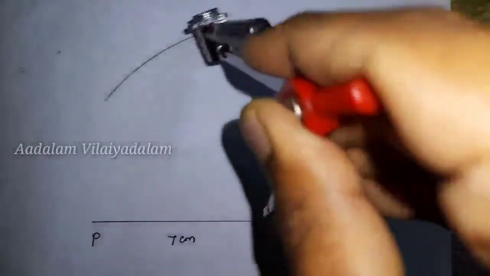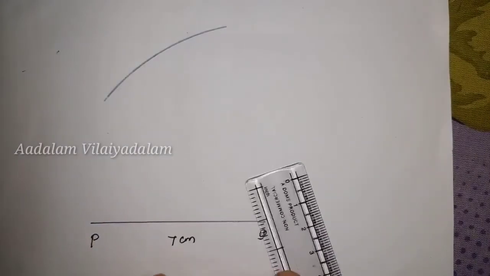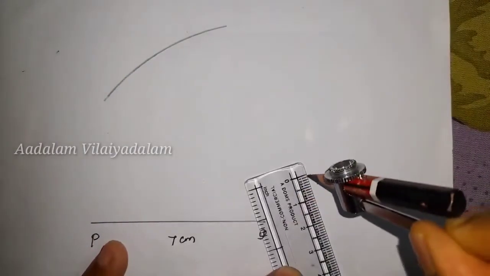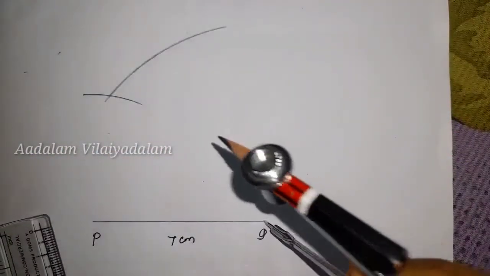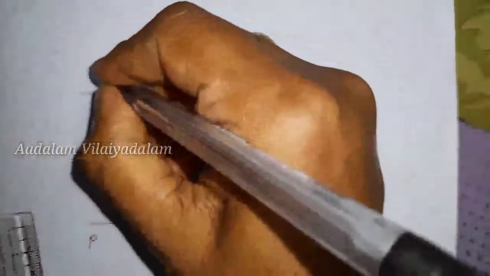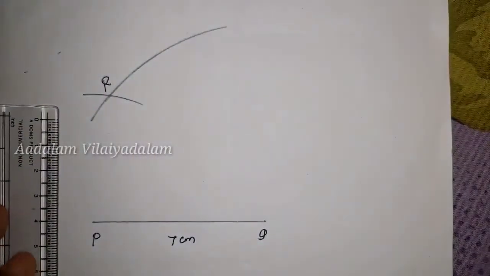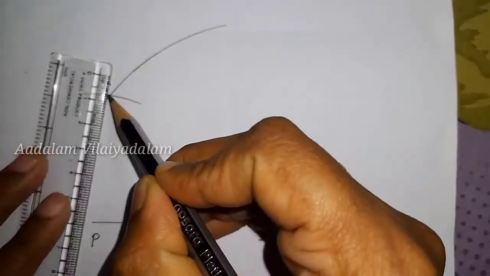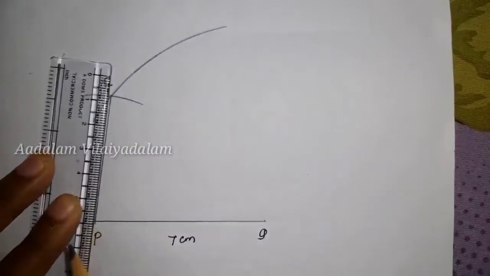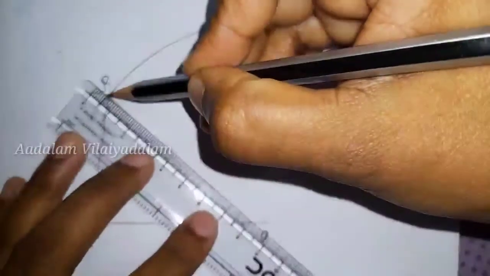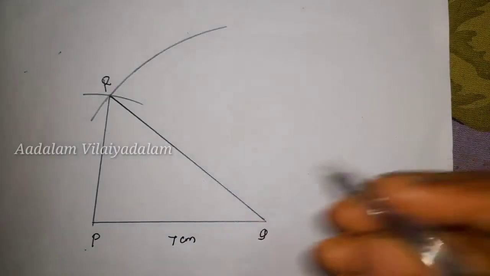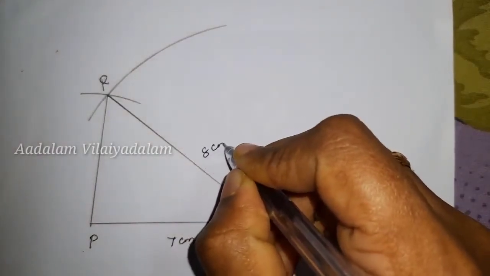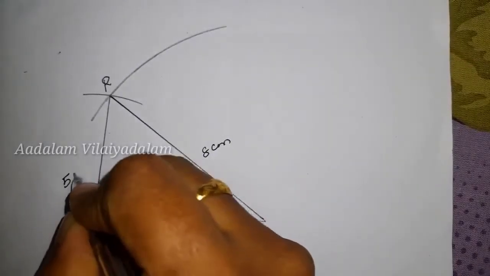To get the point R, now join RP and RQ. So this is the given triangle PQR, with QR 8 cm and PR 5 cm.